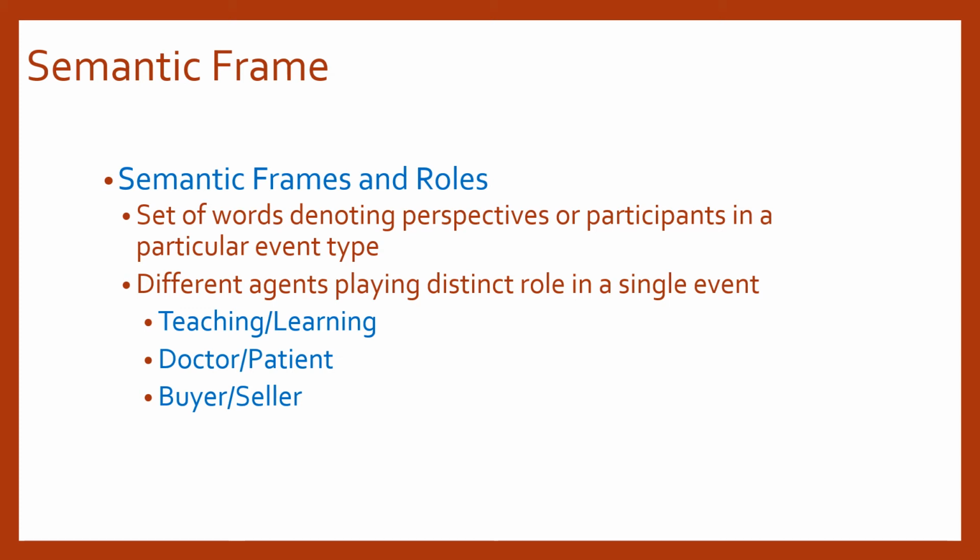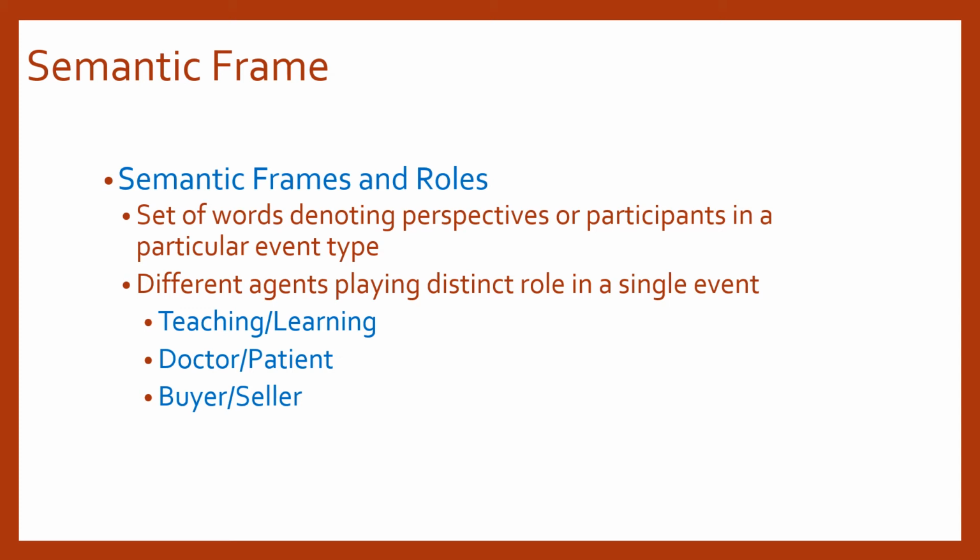While taking this class, I'm teaching, and as you are listening, you are a student trying to learn. So we are talking about a very simple, specific event, described in one or two sentences, and within that we are trying to fix the roles of different agents. Similarly with the doctor and patient, and so on. That's the semantic frame.